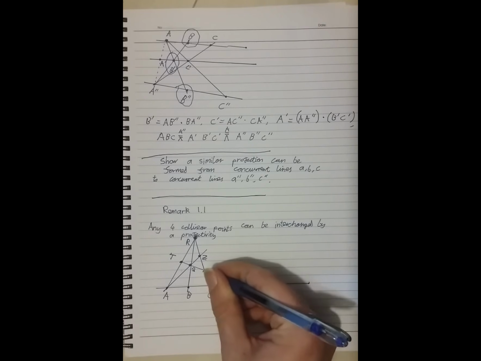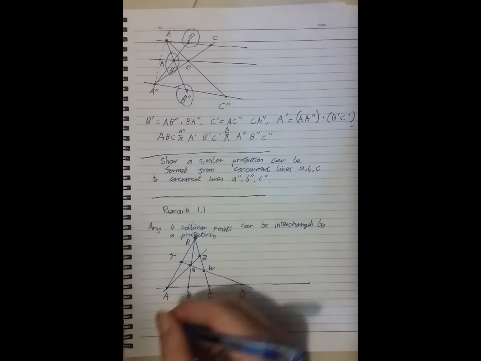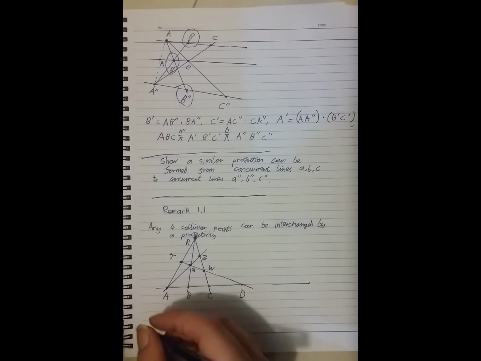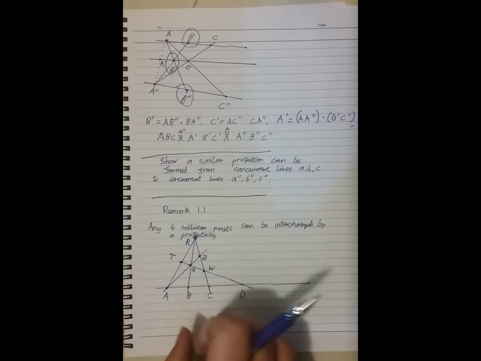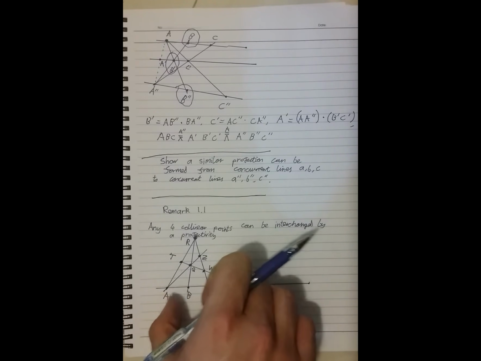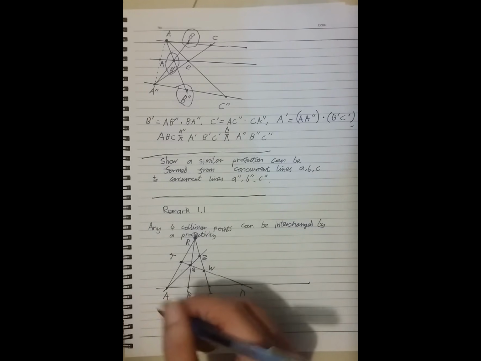So I've added some extra points, Q, R, T, W, Z, and now, in particular, you should notice that we can do some perspectivities, and we can change around the order of these points. So we can essentially do a projection from this line to itself, which shuffles around the order of these points.